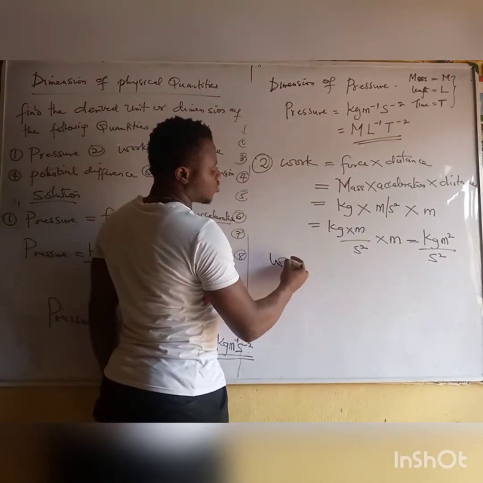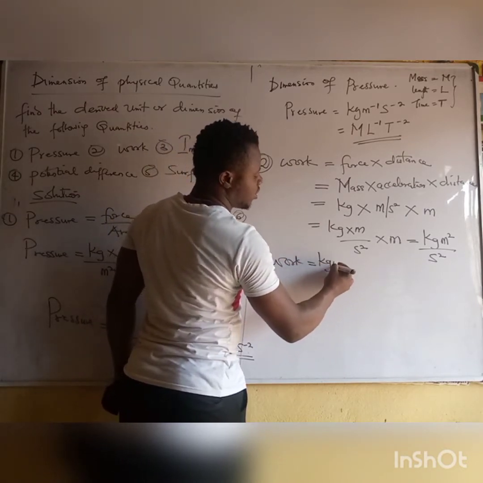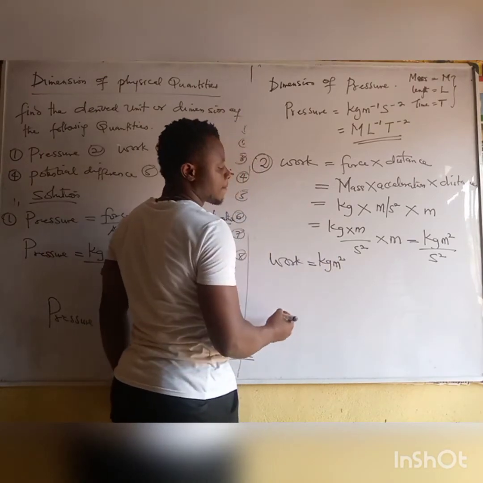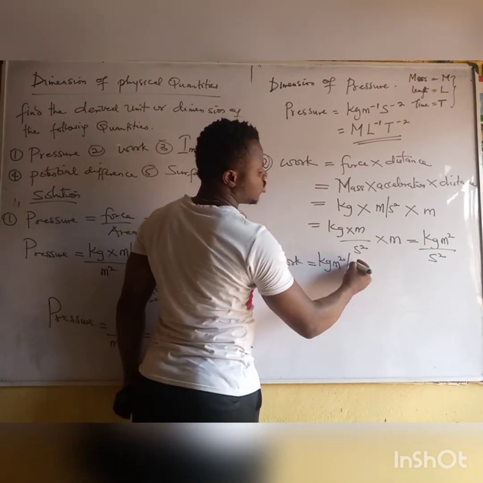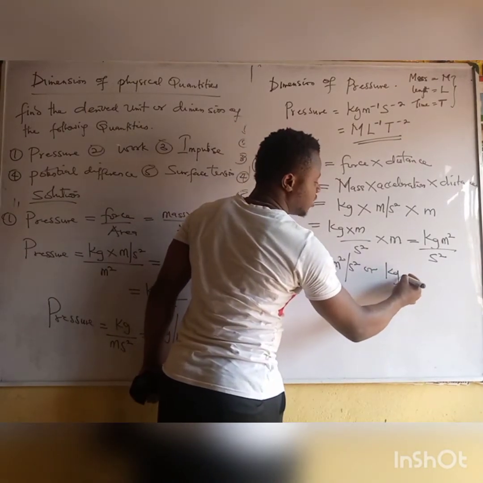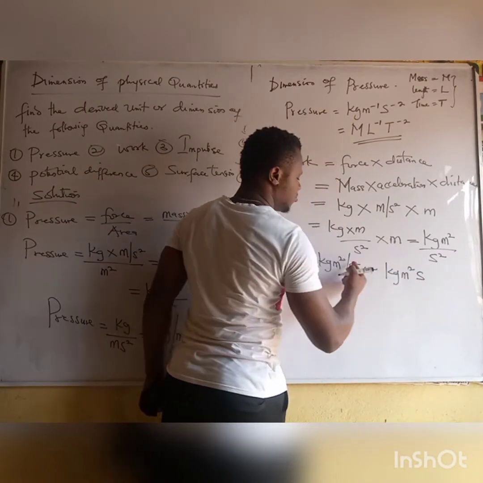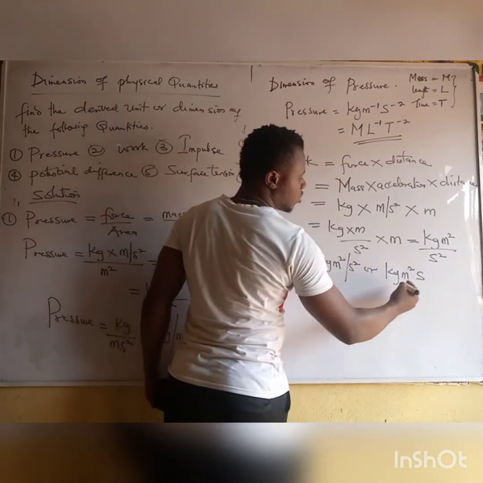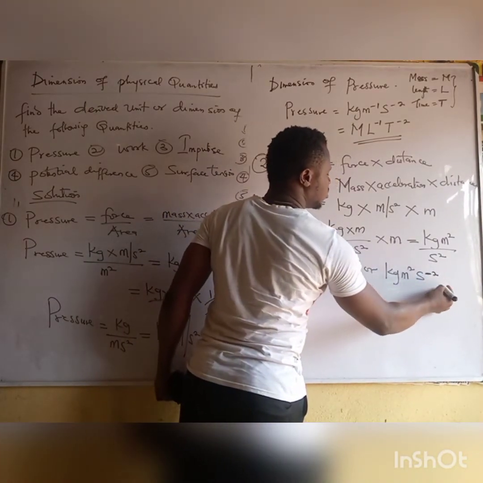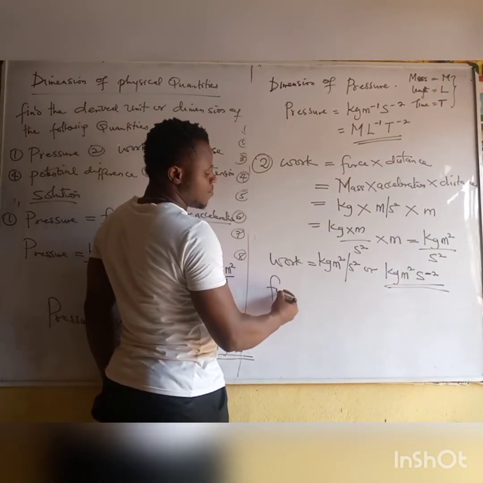So work is equal to kg meter square per second square. Or we can have kg meter square s minus 2, remember per is denominator. This is the derived unit of work.